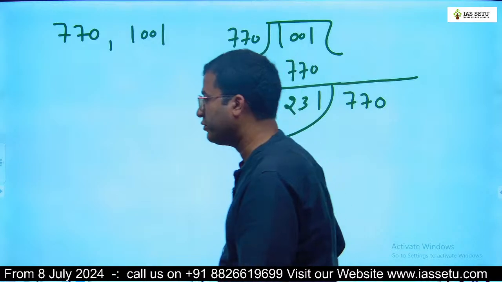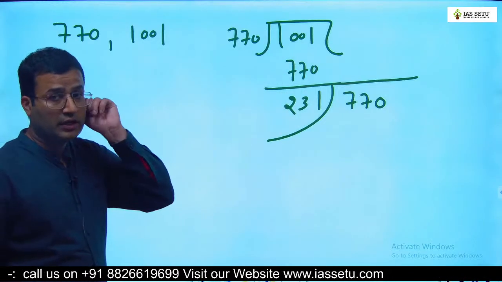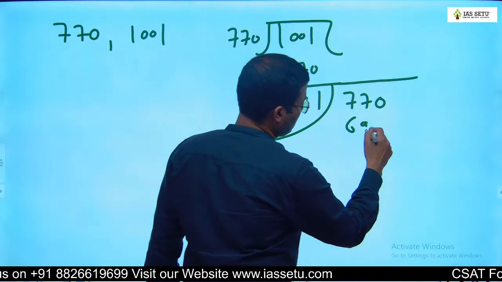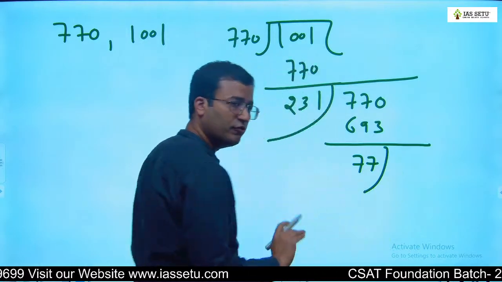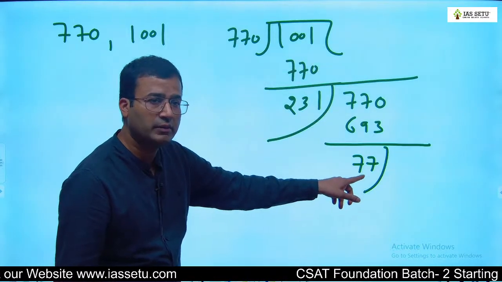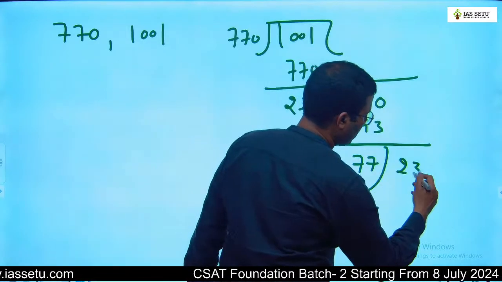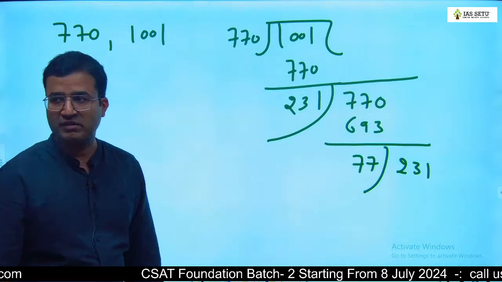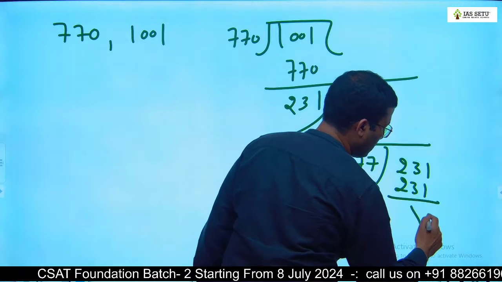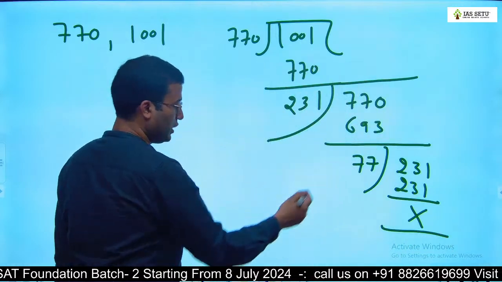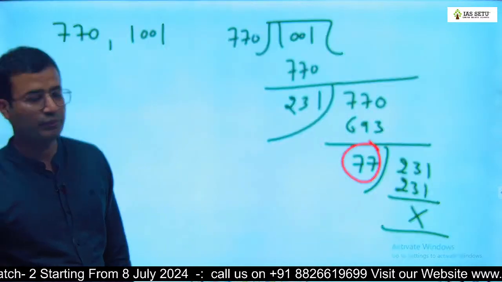So we try to divide 70. 3 गुना क्या हो जाएगा? 70. Same, we repeat. This remainder will become the divisor. The last divisor here, 77, 3 is the 231. इसको remainder. So the last divisor here is 77.